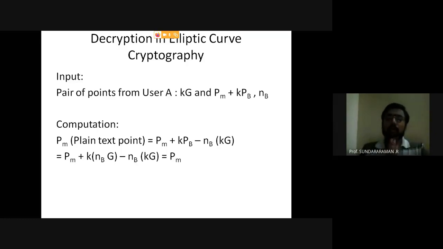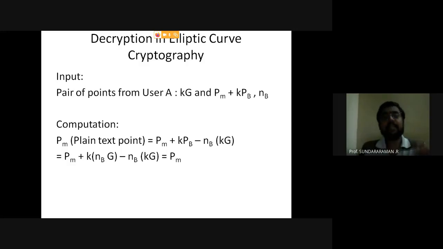But now, computationally how is this equal to Pm? So just remodify this equation. Pb can be expressed as nB into G, which we already saw, because at the beginning of the encryption itself I require Pb, because user A uses Pb for the computation.